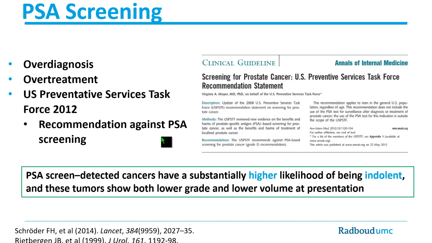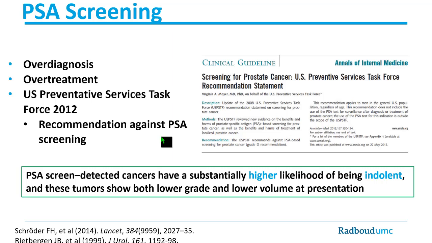So some words on PSA screening. PSA screening results in overdiagnosis of prostate cancer, and as a result also overtreatment. In 2012 the US Preventive Services Task Force looked into PSA screening, and they recommended against it because, as mentioned before, if you find insignificant cancer, you will harm the patient.